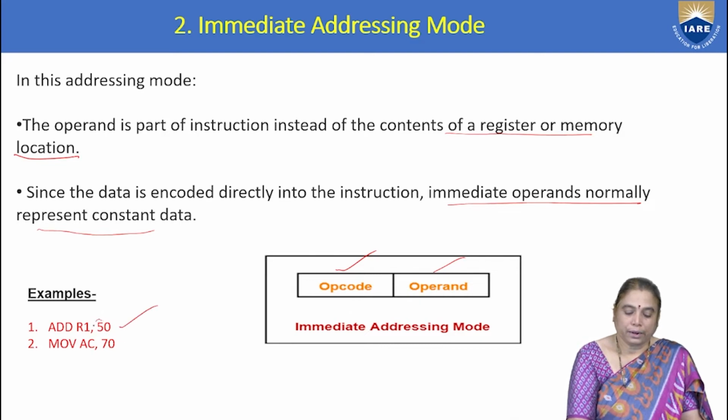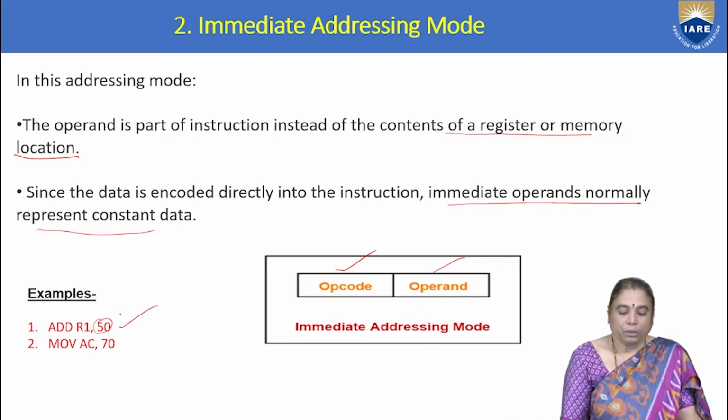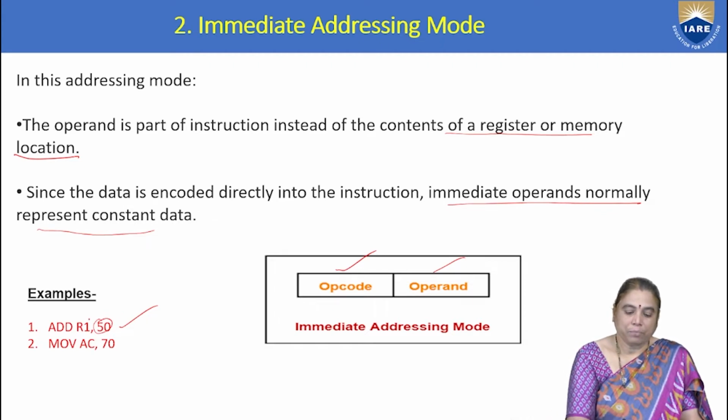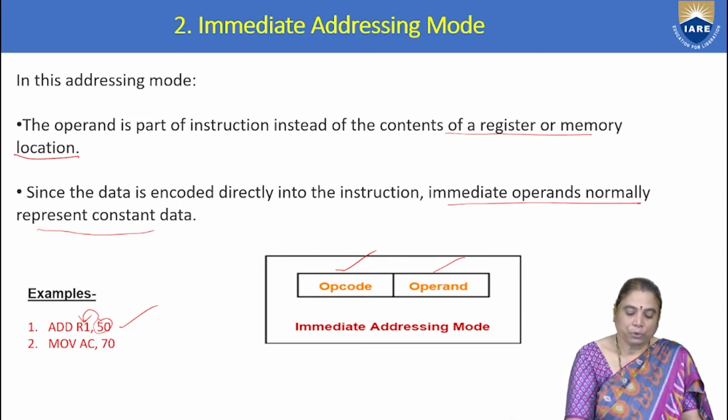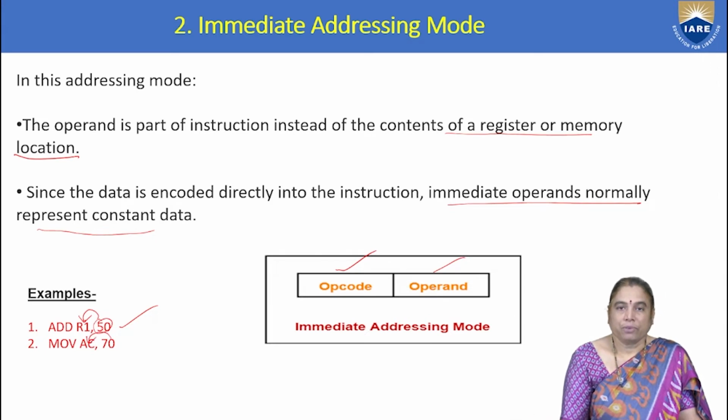So the 50 is added to the content of register R1 and the sum is stored in R1. The next example is MOV, moving the data. So 70 is moved to the accumulator, so the accumulator is initialized with 70. So in the immediate addressing mode, in the instruction format, instead of an address, the operand is directly available.